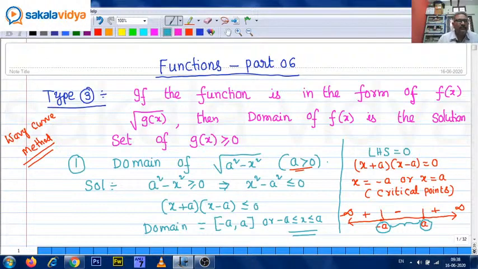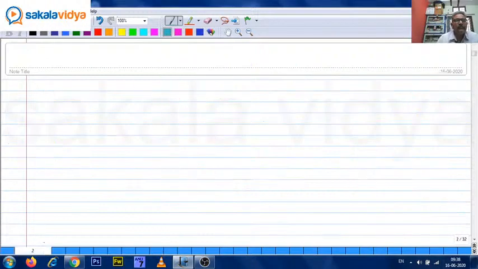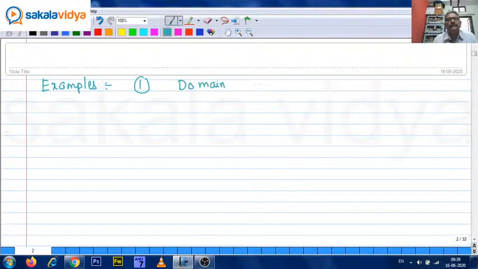So now some examples let us discuss. Examples. First one, domain of first problem, root of 4 minus x square.